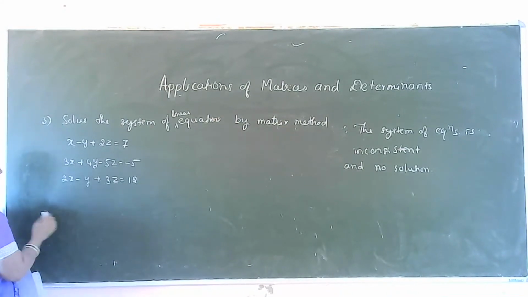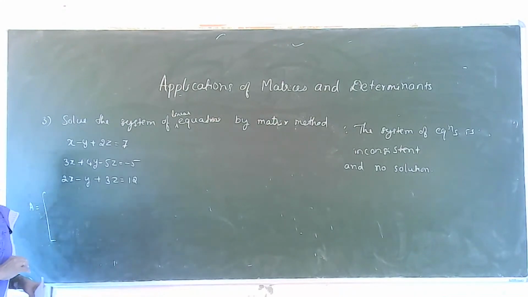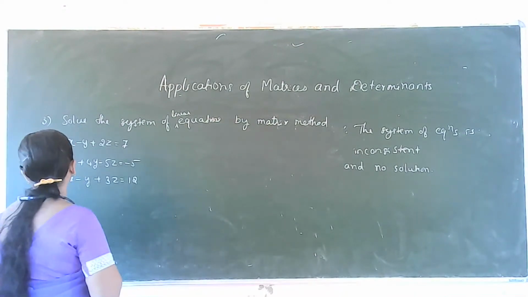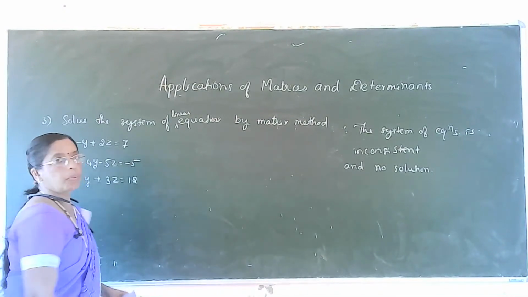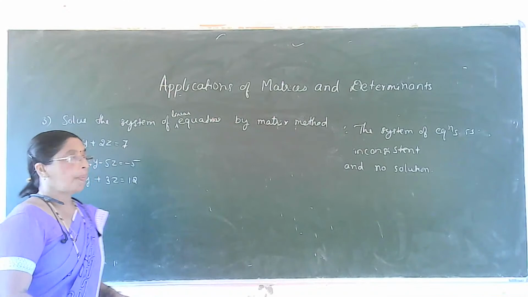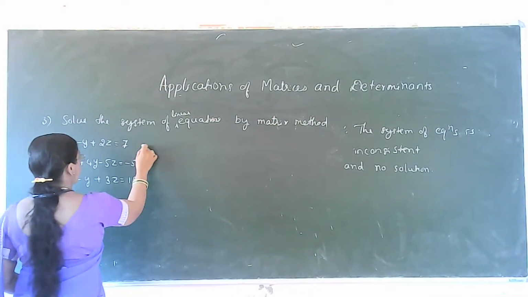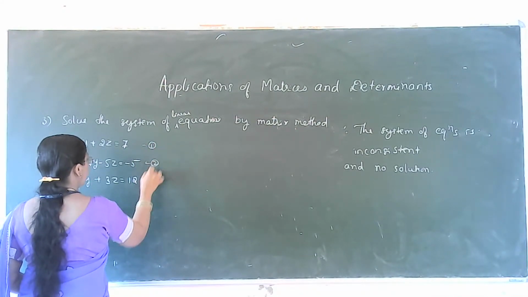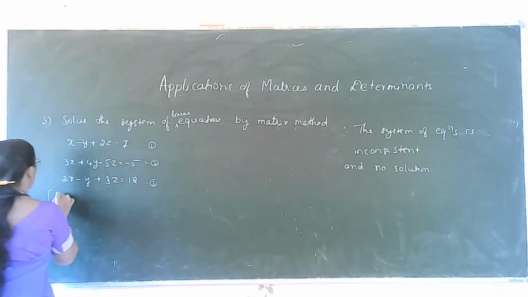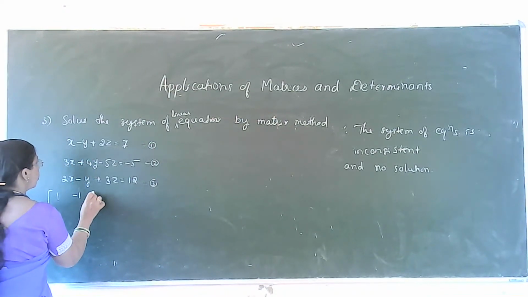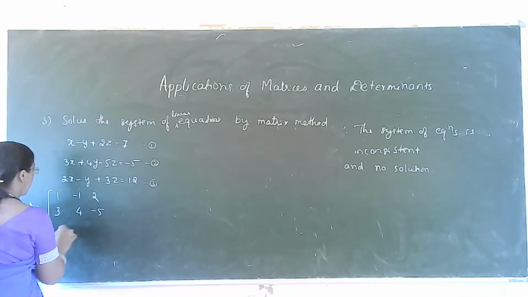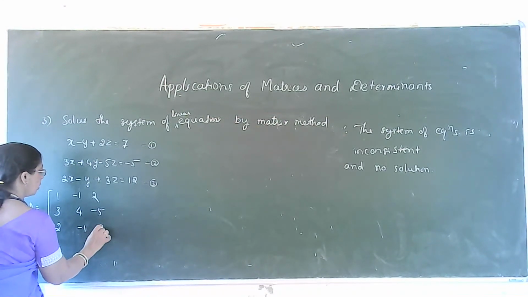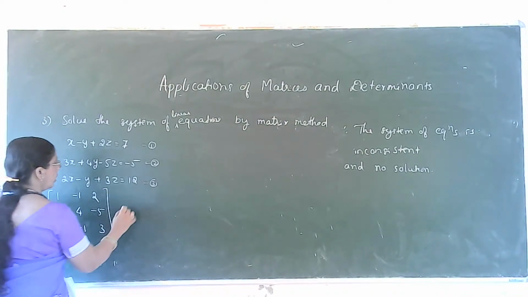Now we write the three matrices by taking the corresponding coefficients of x, y, z from the first, second, and third equations. A is [1, minus 1, 2; 3, 4, minus 5; 2, minus 1, 3].